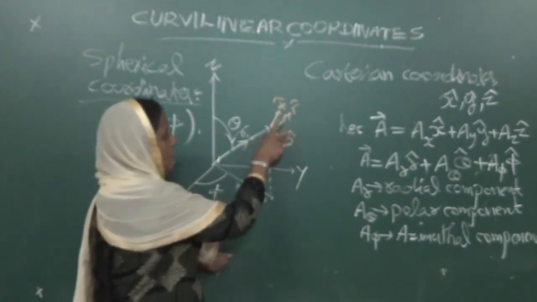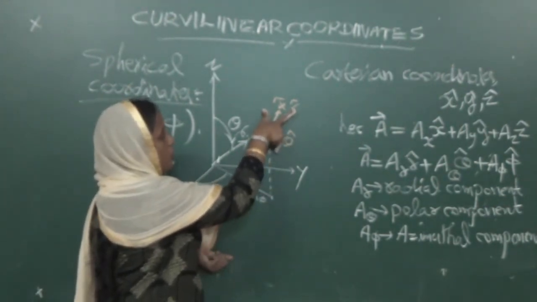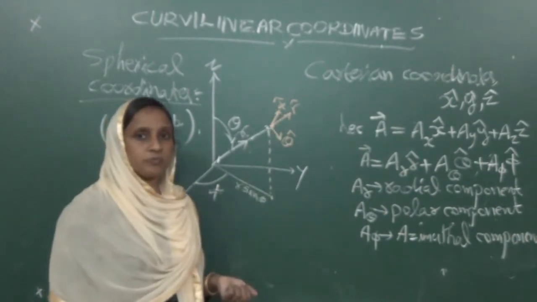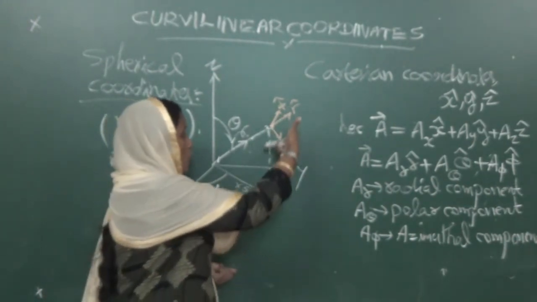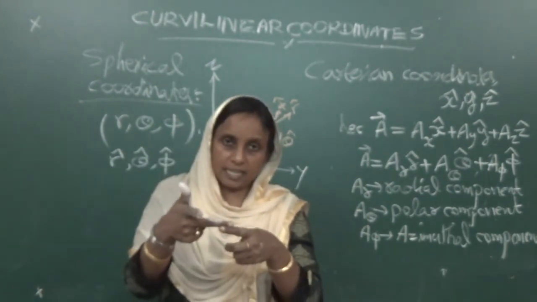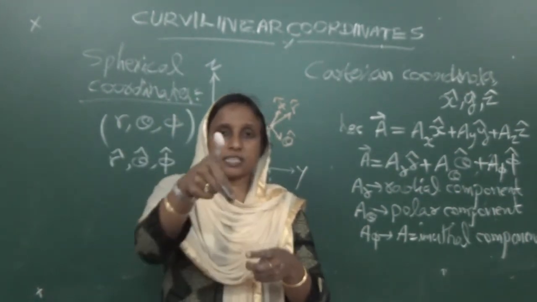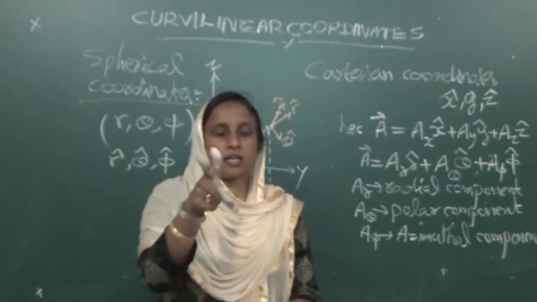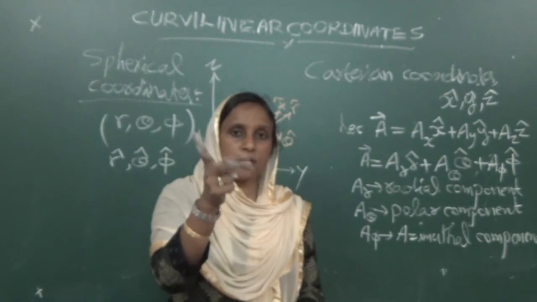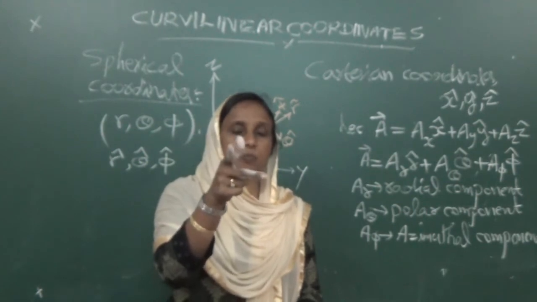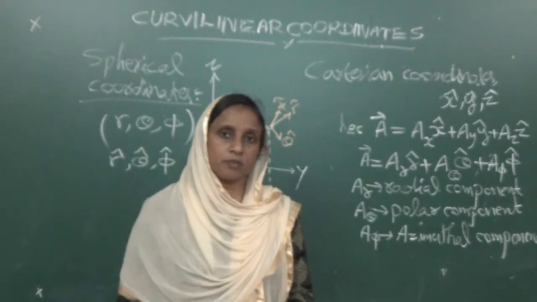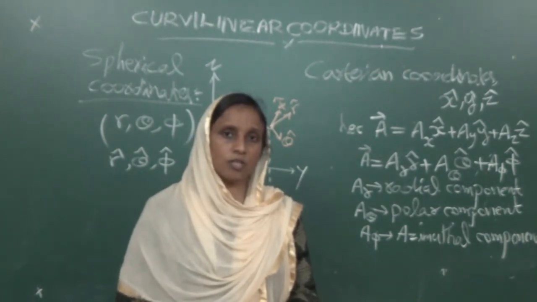So these three vectors are mutually perpendicular, right? If this is the r cap and this is the theta cap, then r cross theta gives you phi cap. If this is r cap, this is theta cap, this points along the direction of phi cap.